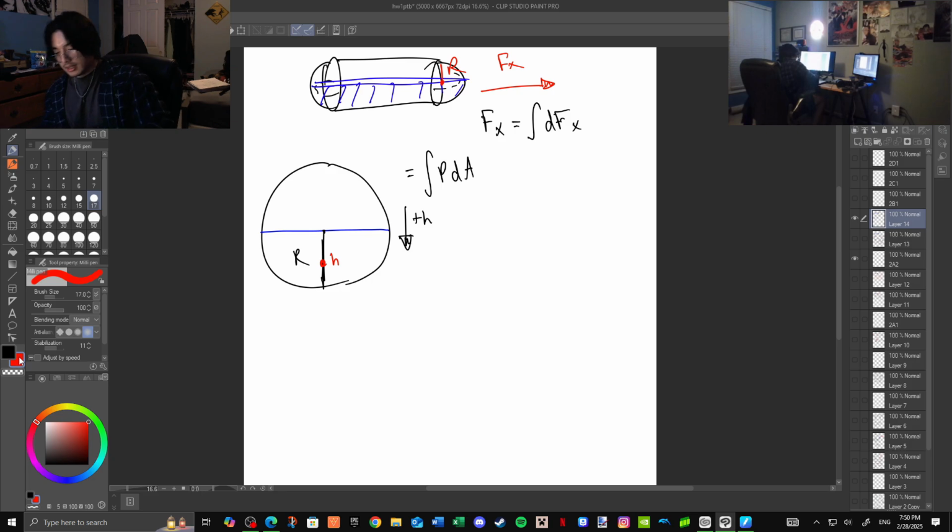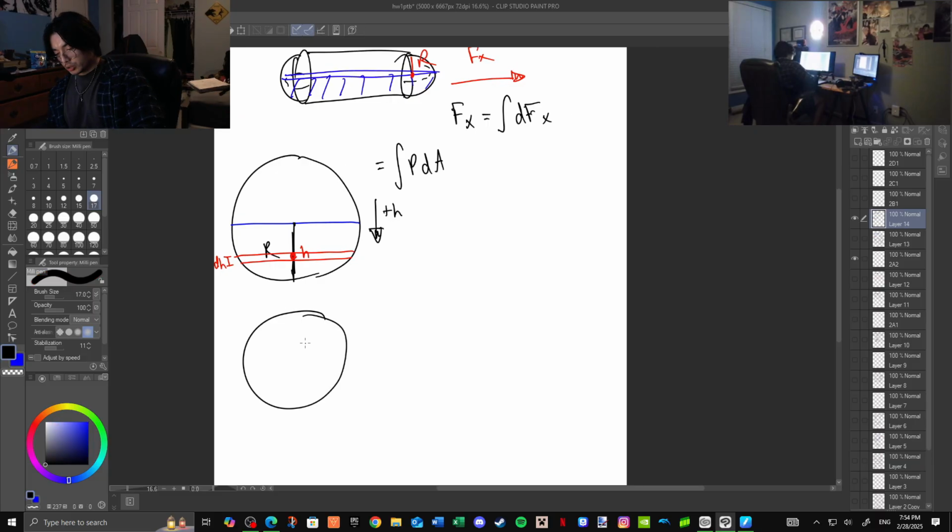So we're taking multiple points of depth, and with that we're going to be finding the area of whatever tiny area at depth h. And so the height of that area will be dh, but we need to find the length of this bottom piece to find the area. So I'm going to draw a figure right here.